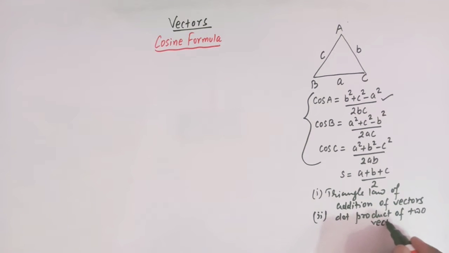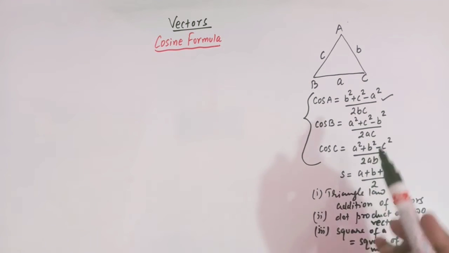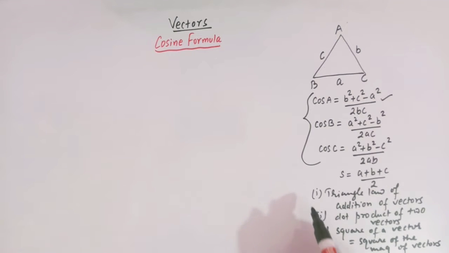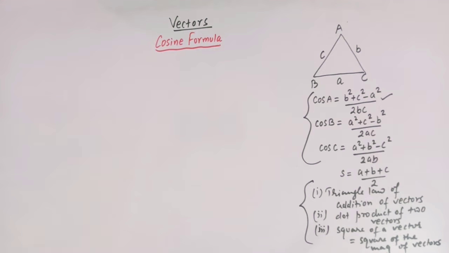And the third is the square of a vector, which is equal to the square of the magnitude of the vector. We'll use these three concepts from vectors to derive the formula.